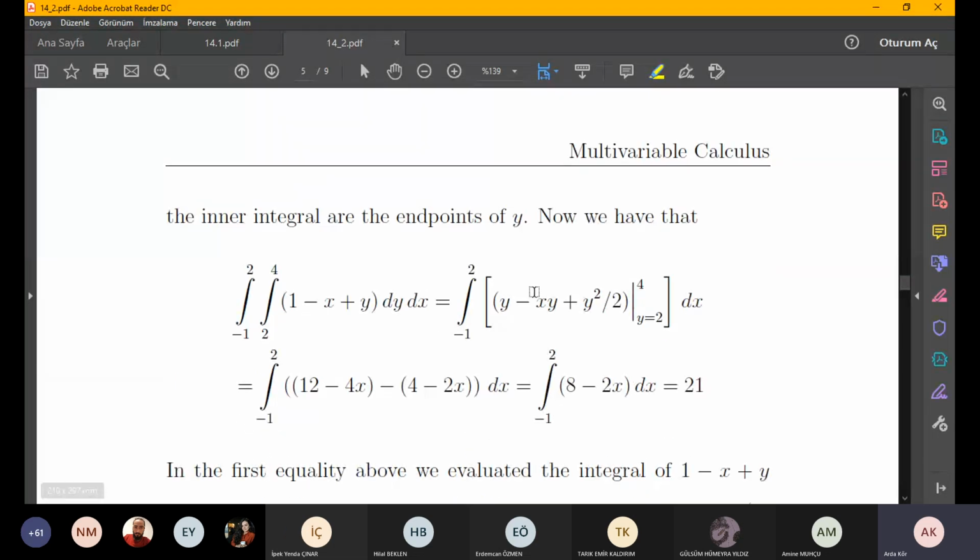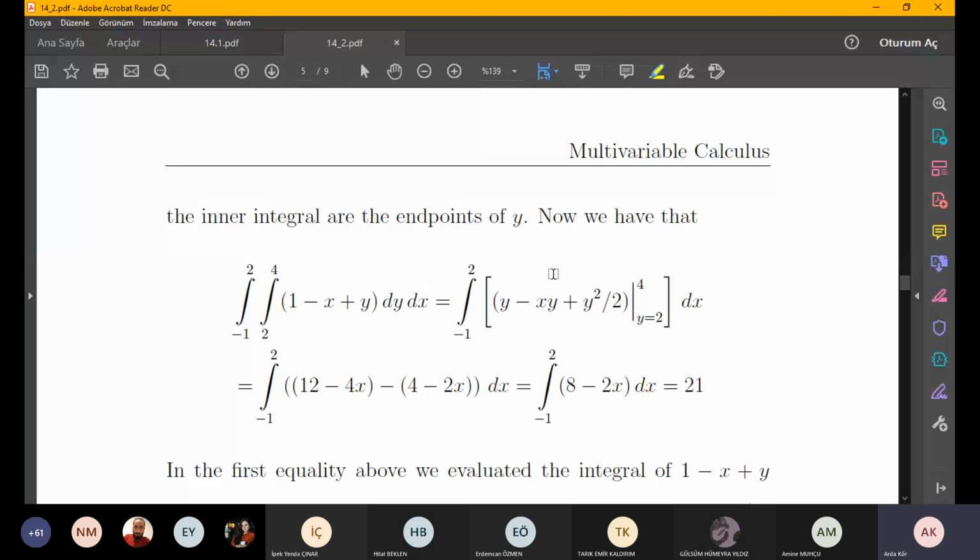So as we said, first we have to compute the first single integral here. Since you integrate with respect to y, it will be y minus x times y plus y squared over 2.